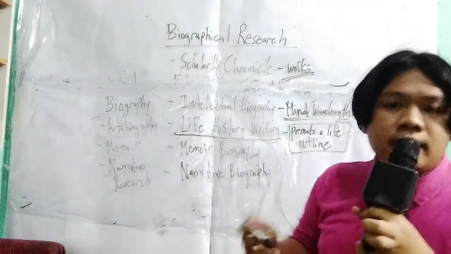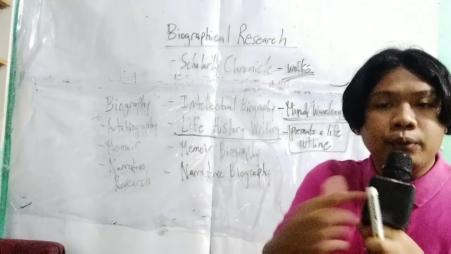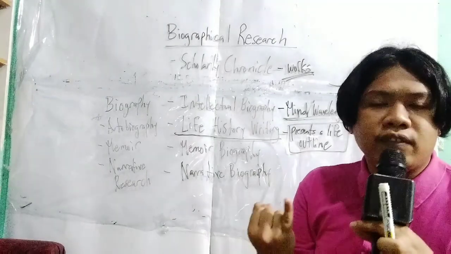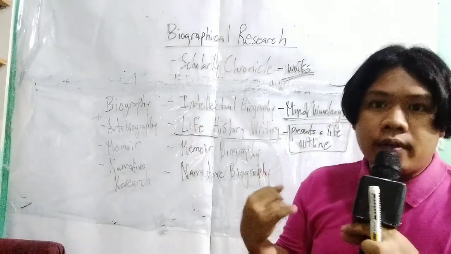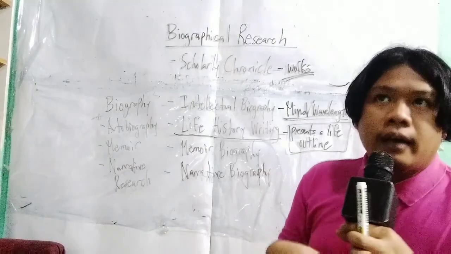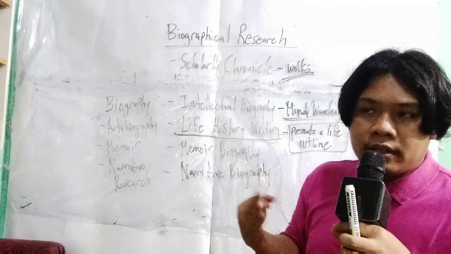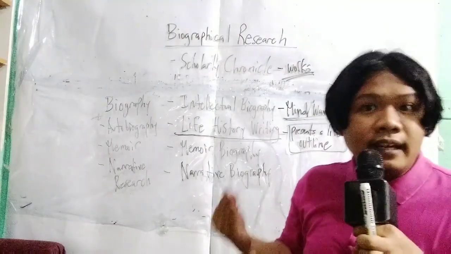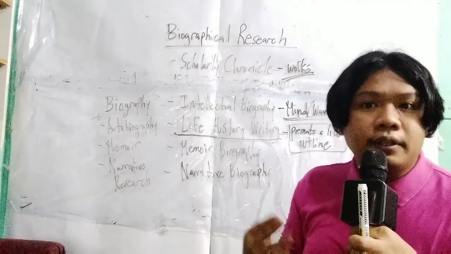The life outline is somehow related to the combination of his or her achievements, the place of origin, other educational attainments, other published works, and others like that.